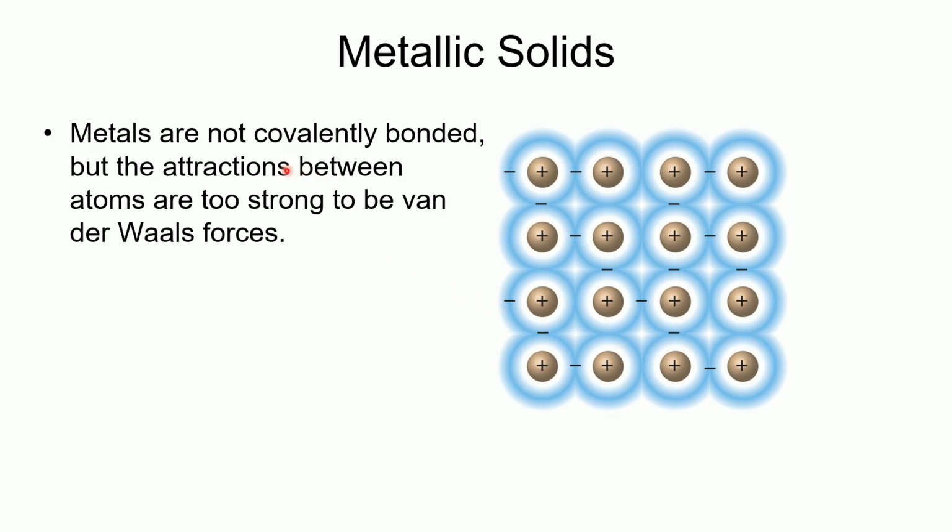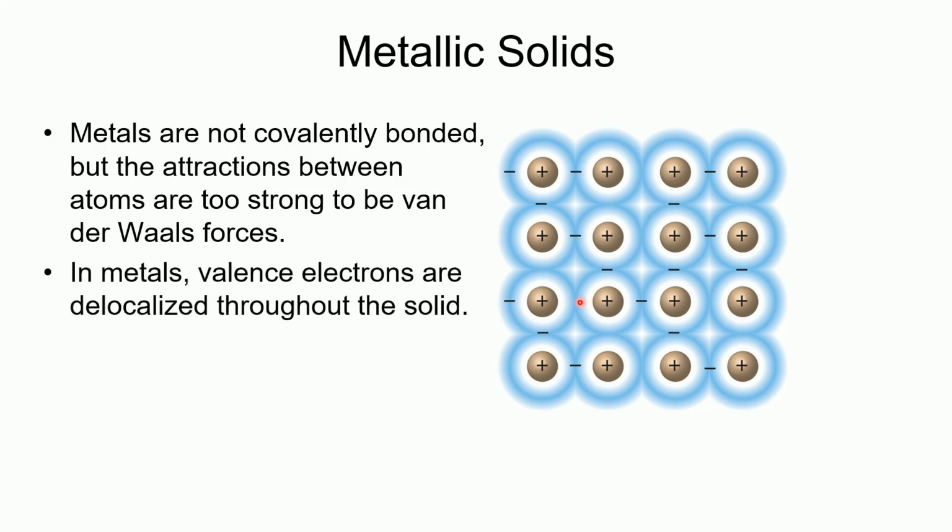And so your valence electrons can move freely from one atom to another. As a consequence, that means that metals are really good conductors of heat and electricity because those electrons can move so freely. All right, so they're delocalized throughout the metal. And that's what a metallic solid looks like. So kind of interesting there.